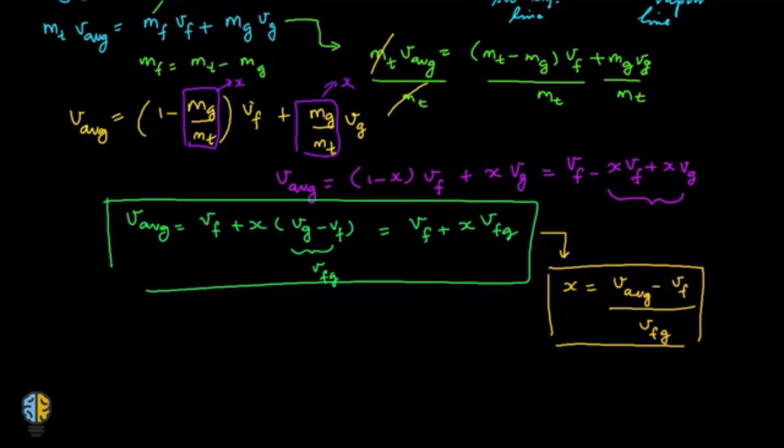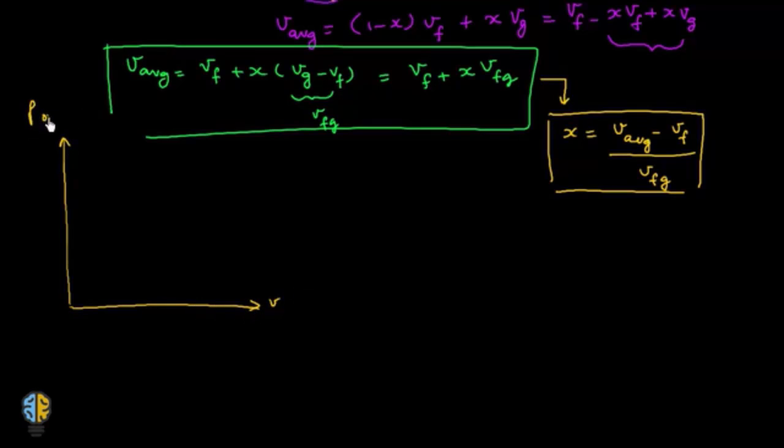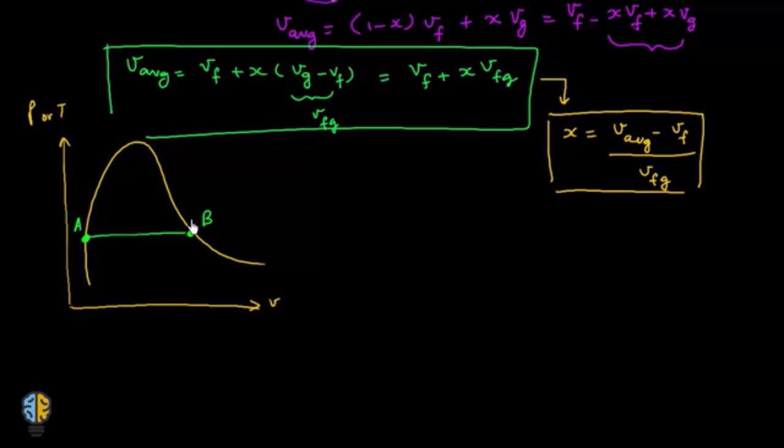Now based upon this equation, let us draw one more diagram to represent it on a graphical level. So let us say we draw such a diagram. So this is volume, this is pressure or temperature. Let us say this is the kind of graph you have, and we have a point over here which is A, and this is point C. Let us take a point B somewhere in the middle.